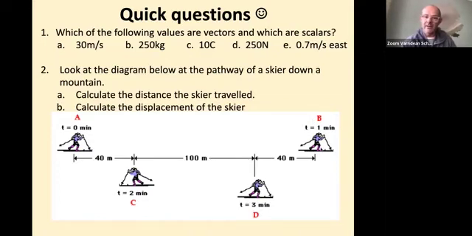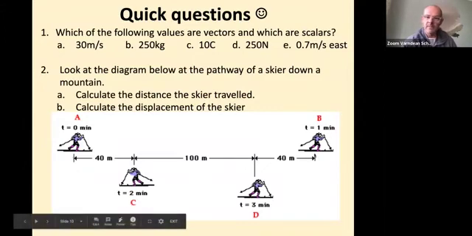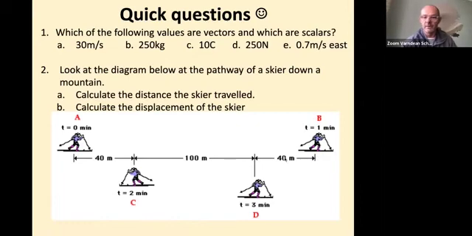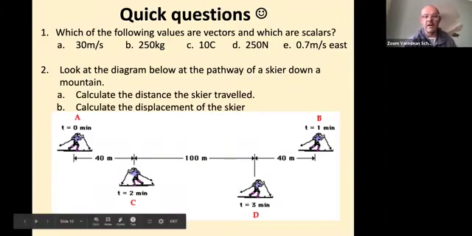But then they turned around and they went this way. Here they are from B to C, and they went 40 and then 100. So they've done 180. Now it's 220 because it's another 40. Now it's 320 because they've got to that point. So far, my skier has gone from A to B to C, and they've gone 320 meters. Then they turn around and they go over here to D. So they've gone across, back, and across.